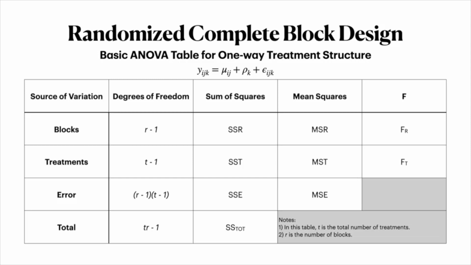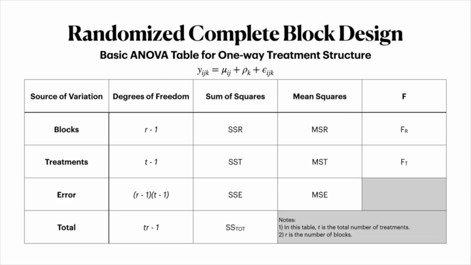That corresponds to the rho sub k's in my model. The second row is the treatments as a source of variation, and that corresponds to the mu sub ij in the model. The third row in the ANOVA table is the error source of variation, and that obviously corresponds to the epsilon ijk, the error term in the model.